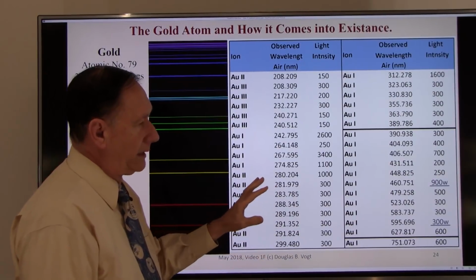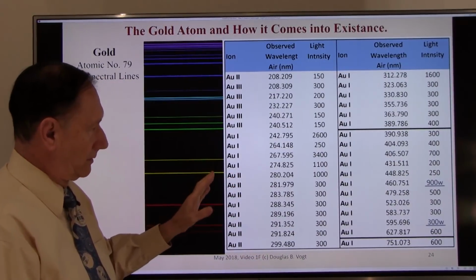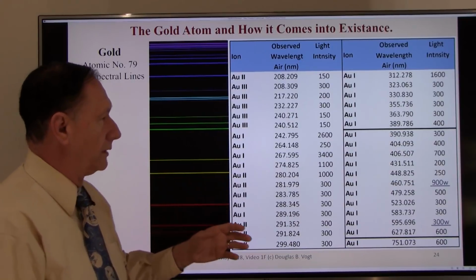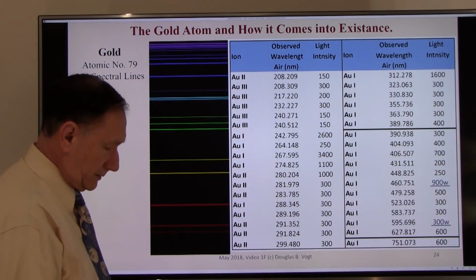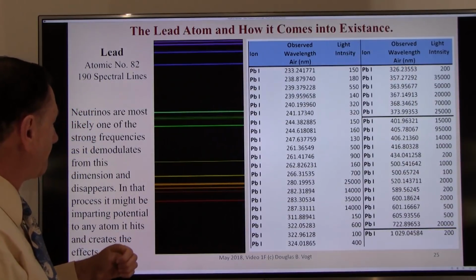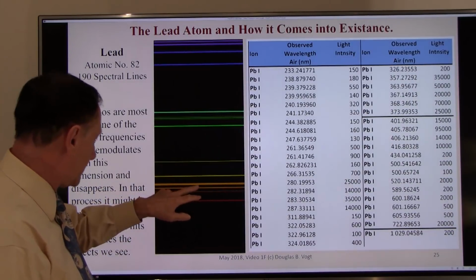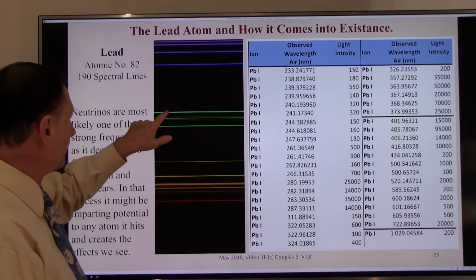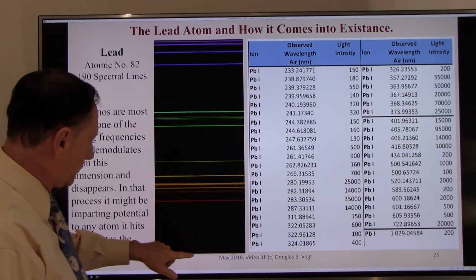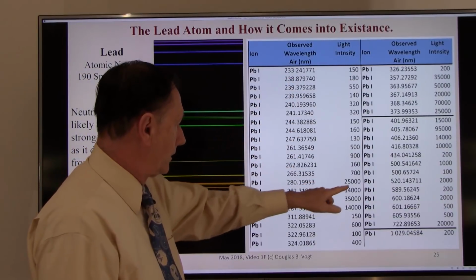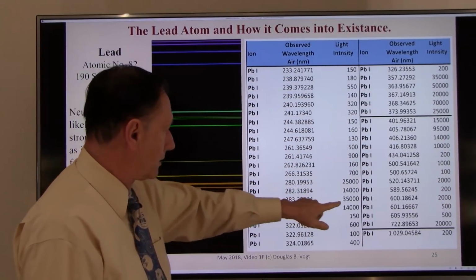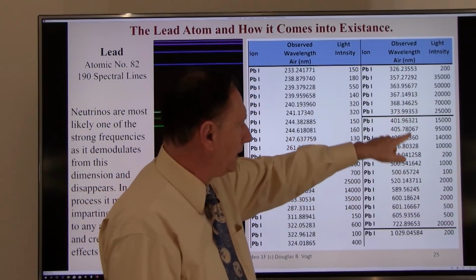There were so many that were under 50. Of my 254, the vast majority were pretty small. But here's lead. Again, you have some pretty bright ones. This is actually two together. Some pretty bright ones and some faint ones. There's a faint one down here. And again, look at the intensity of some of these, they're great. What's the information that's in here?